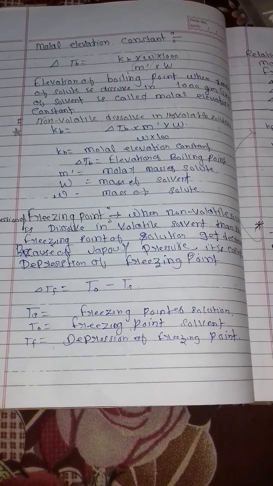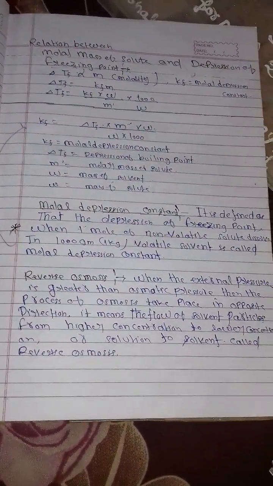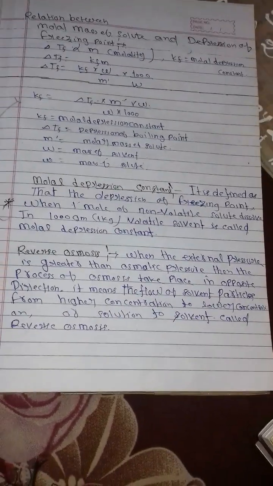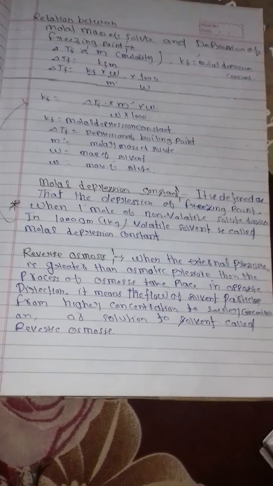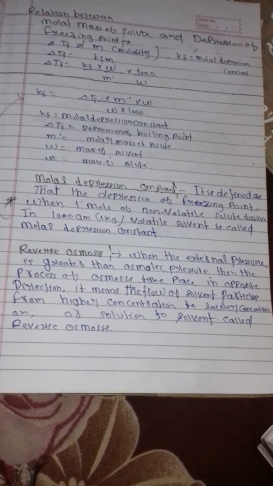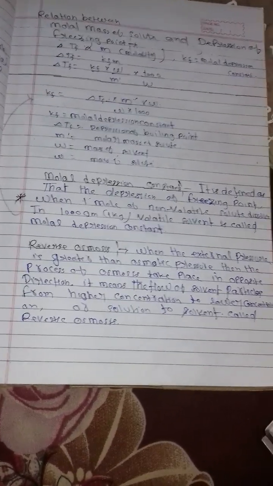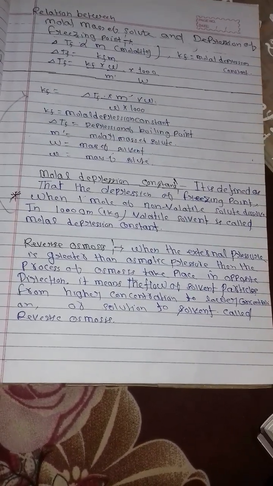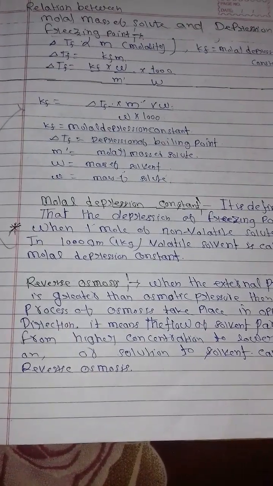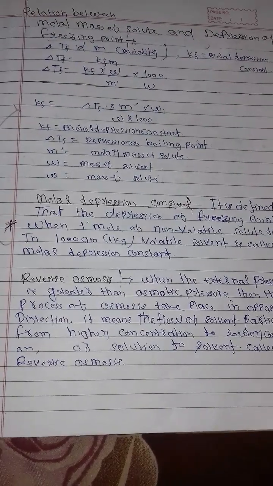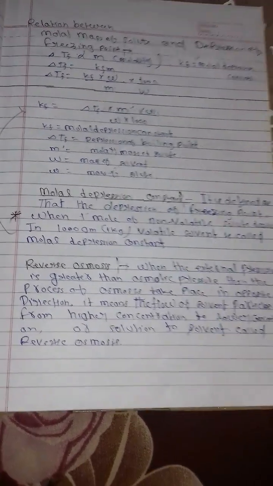Now you can see the molal depression constant, basically the depression of the freezing point when 1 mole of a non-volatile solute is dissolved in 1000 grams, or I would say 1 kg, of the solvent is called molal depression constant, and this is just the mathematical proof. Kf is equal to delta Tf into m into W upon w into 1000.